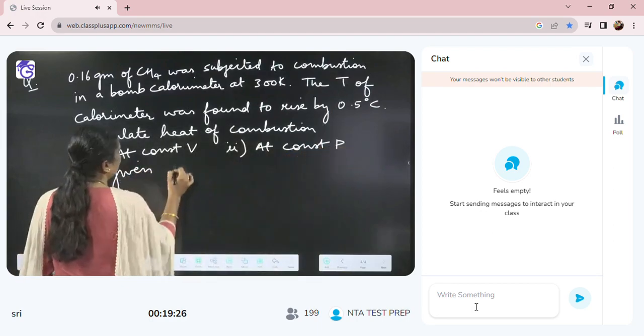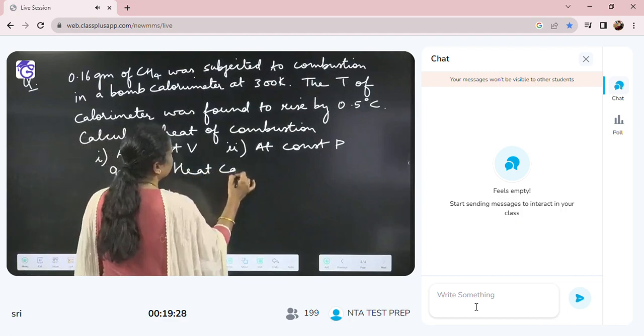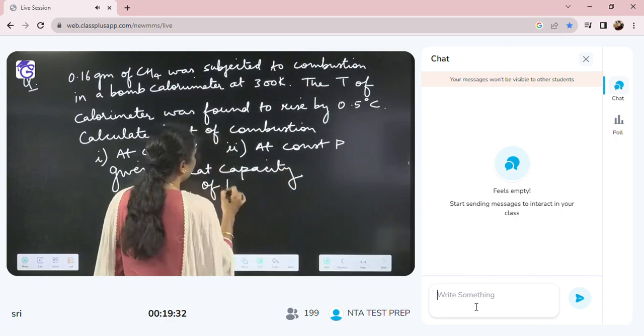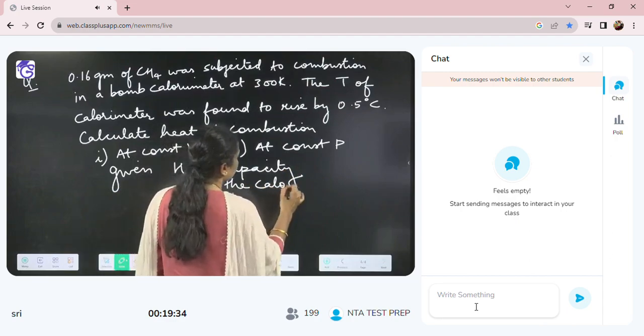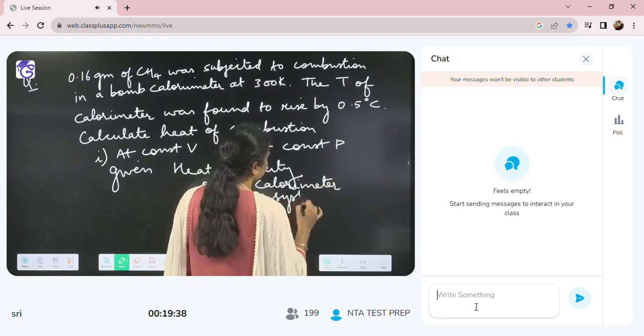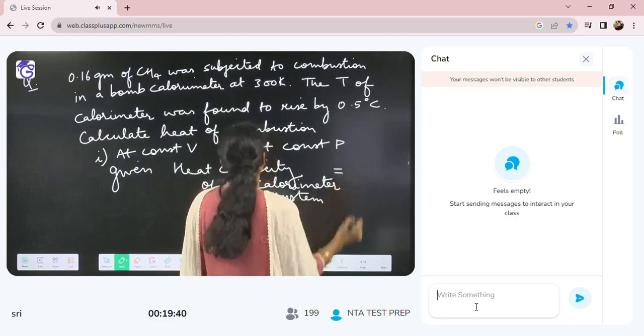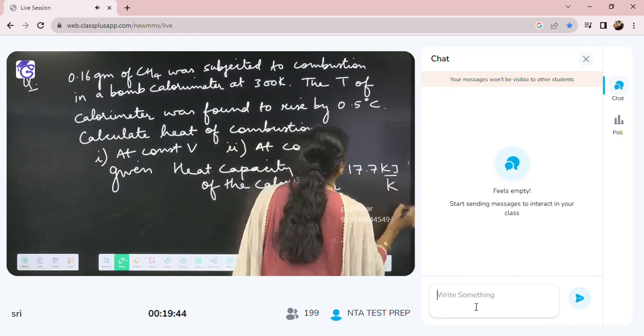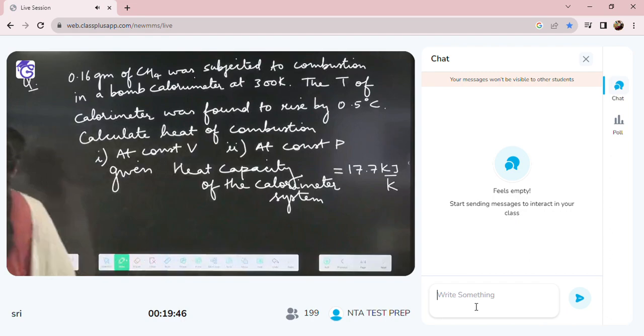Given the heat capacity of the calorimeter system is 17.7 kilojoule per Kelvin. And I am giving you a note here that will definitely help you out.